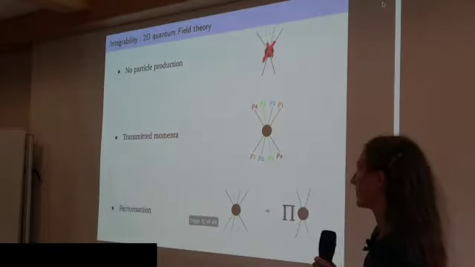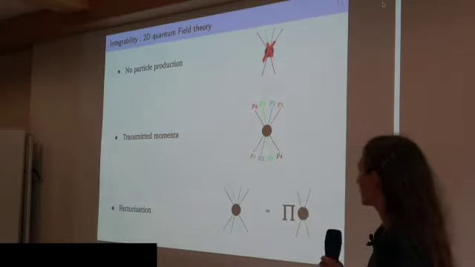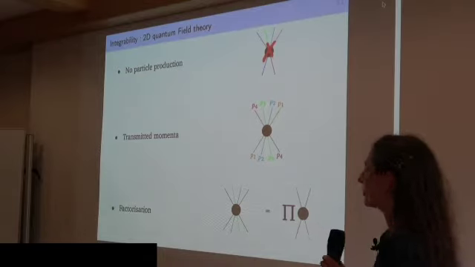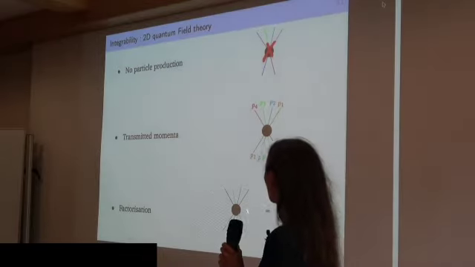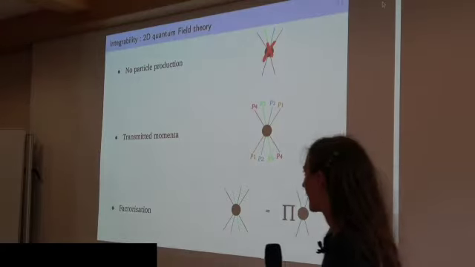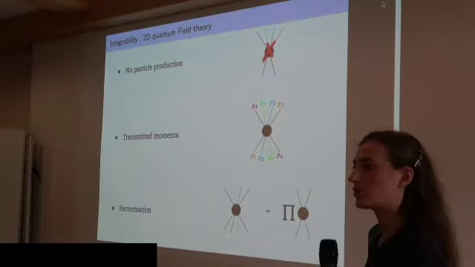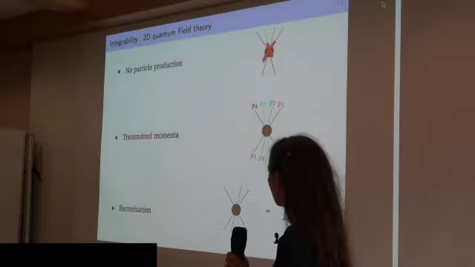And the last condition is that you have factorization of the S matrix. So if you have an n body scattering, then it can be decomposed into a sequence of two body scatterings. And this last condition actually gives rise to an equation for the two-body S matrix.